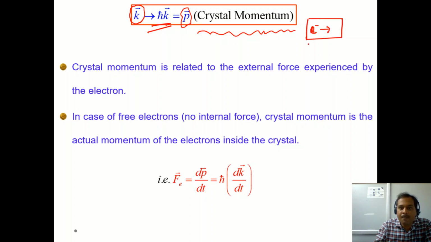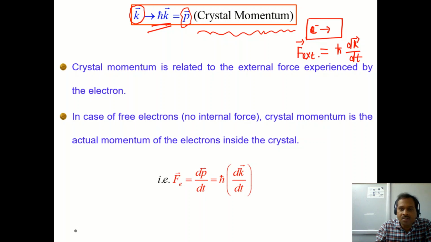And when we apply some external force, for example an electric field, then this external force is related with the crystal momentum through this relation, h cross dk by dt. Remember, it is only the external force that is related with the rate of change of the crystal momentum.